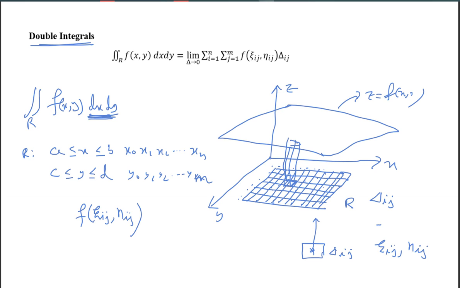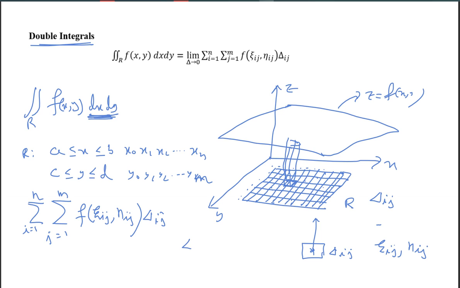Now if it's multiplied with this area delta ij, we will get the volume of this small portion. And if you take the summation over ij, from j equal to 1 to m, and i equal to 1 to n, that means the whole volume will be given.